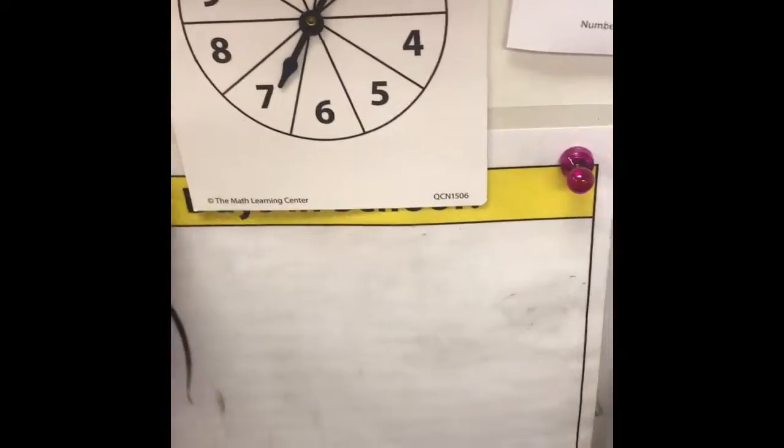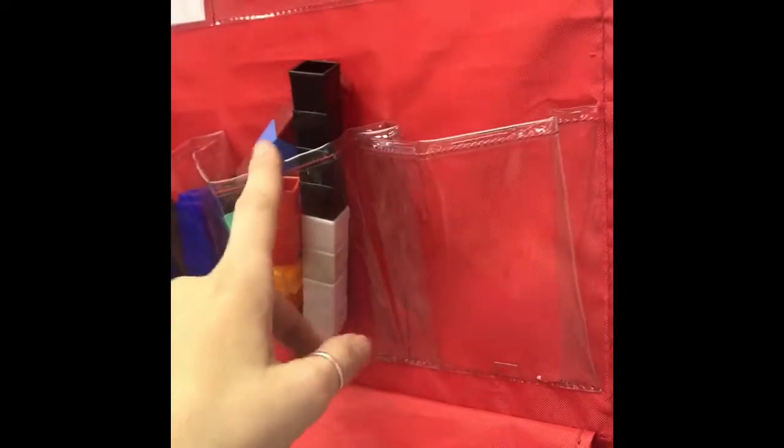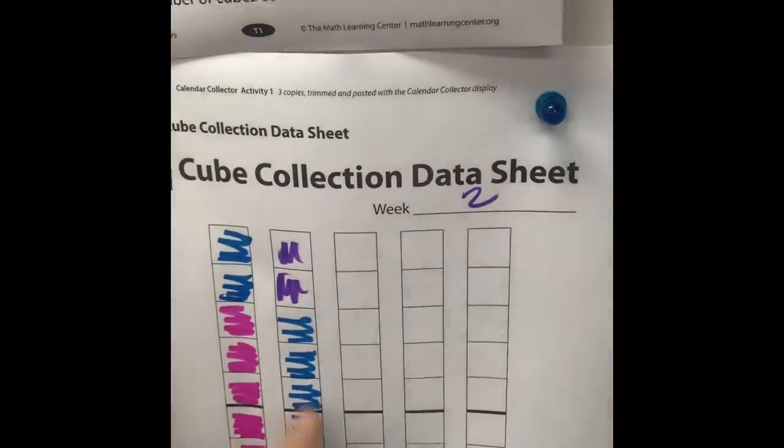There's also how many days are left in school, and then we have counting with cubes. In other words, manipulatives. They also practice coloring in how many cubes from the cubes that we counted. We color in together how many cubes we counted for that day.